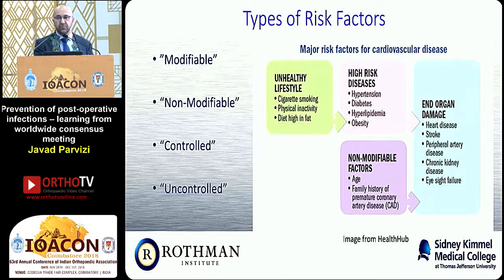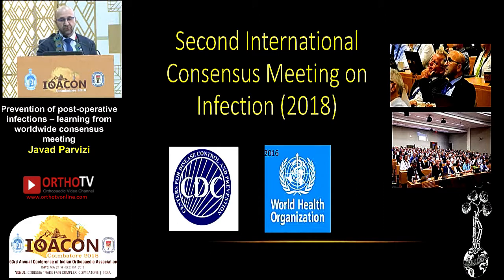So let's start preoperatively. There are numerous factors, much like cardiovascular disease, that could result in infection. These may be divided into modifiable, non-modifiable, controlled, and uncontrolled. As you know, CDC published guidelines for prevention of surgical site infection. So did WHO.